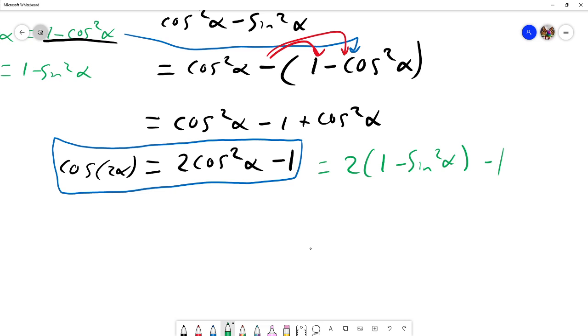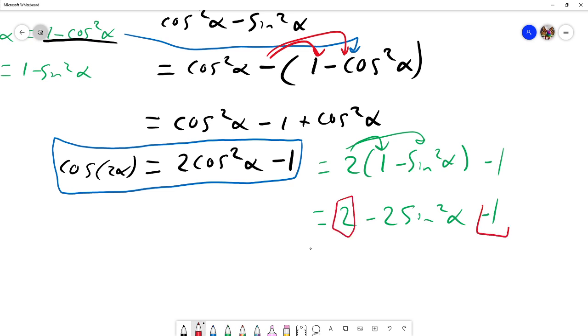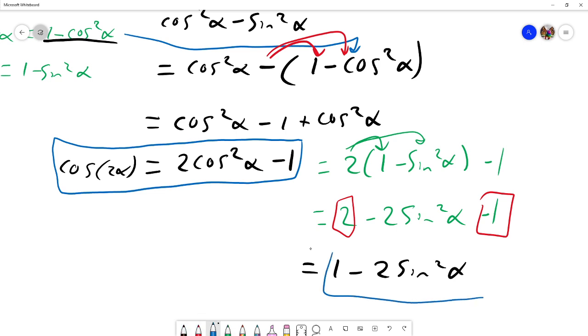So if we do this, now we have to distribute our 2. So we get 2 minus 2 sine squared alpha minus 1. So note we have a 2 minus 1. That's going to leave us with a 1. So we get 1 minus 2 sine squared alpha, and that is our third result.